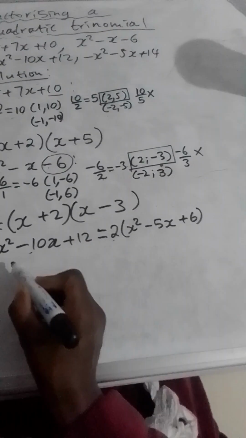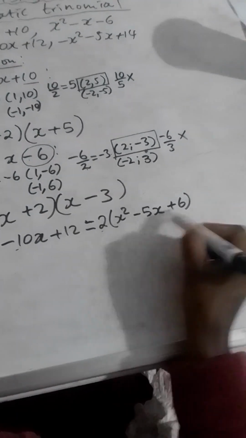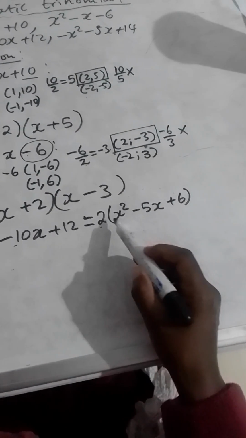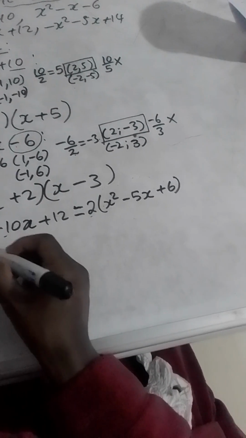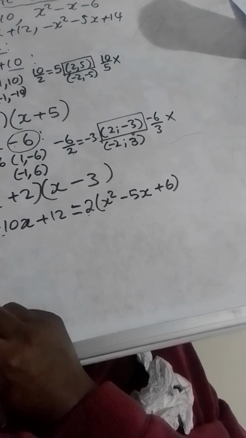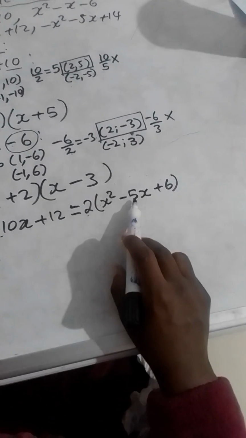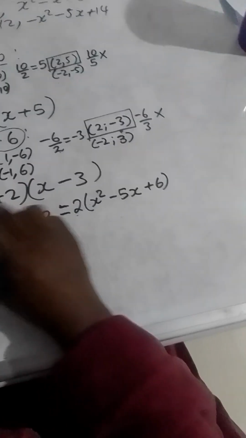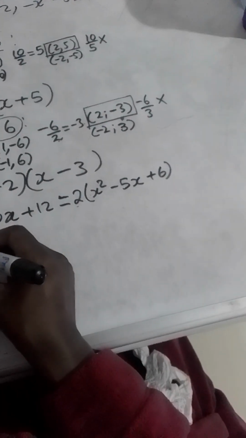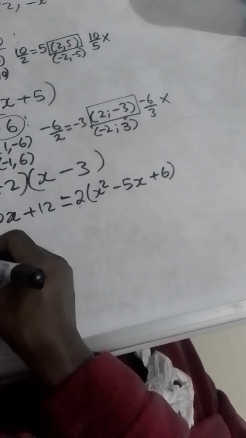Now, going further, we look at the expression inside the brackets, because now the highest power has a coefficient of 1. So we look at the factors of 6. That will give us negative 5. And we have factors of negative 6 there, so it's very easy to get the answers quickly here.